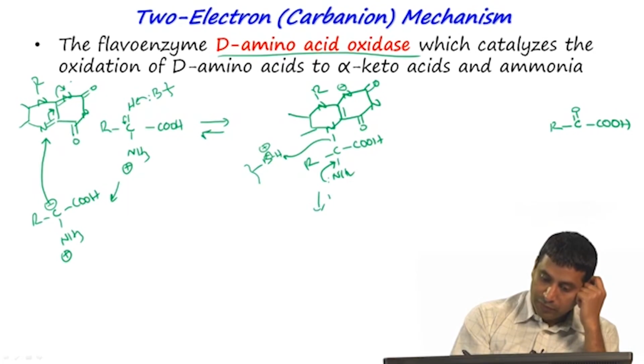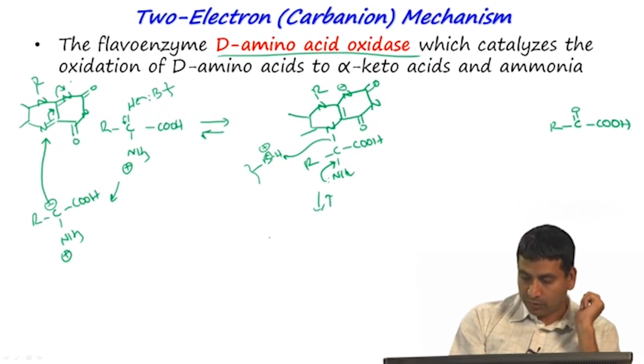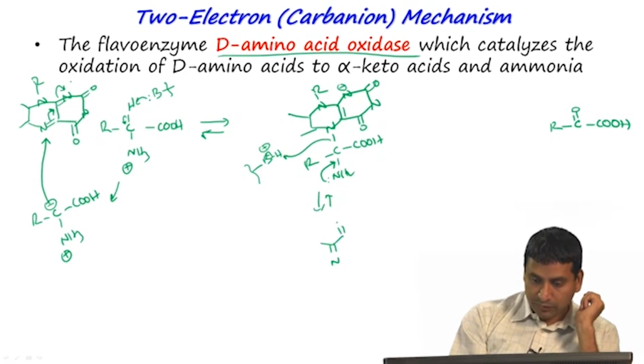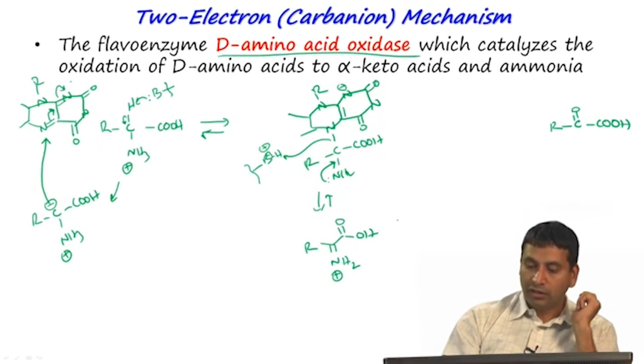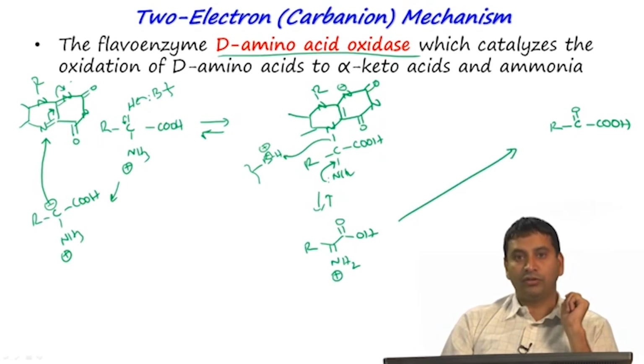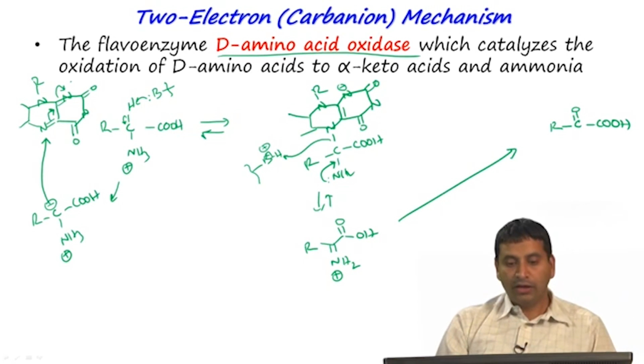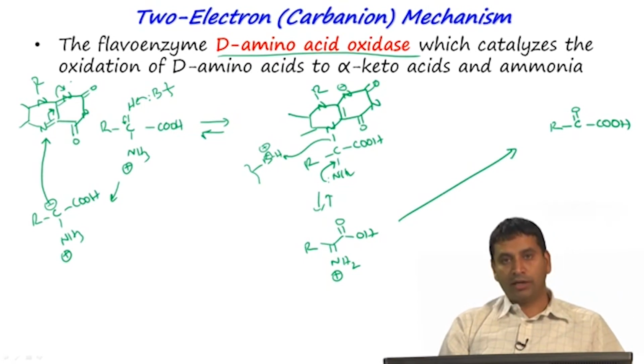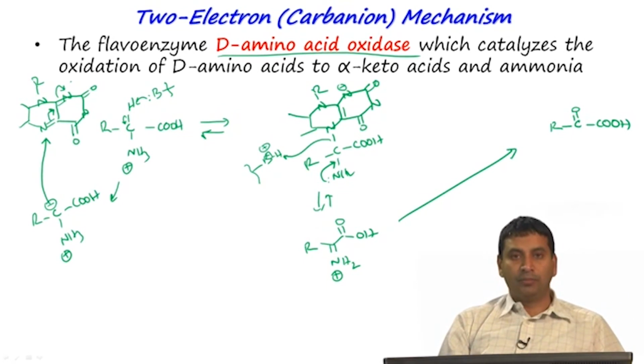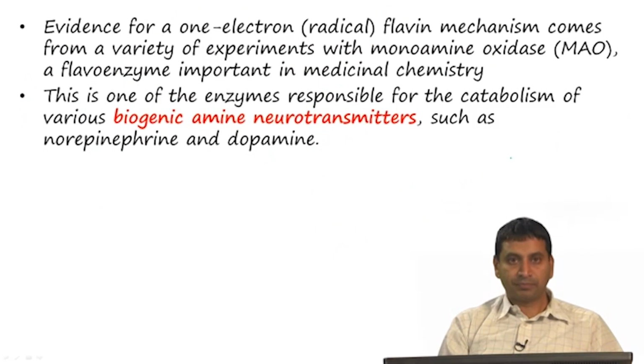So, you end up with a product that is C=N-COOH-R, which then undergoes hydrolysis to give you the ketone. So, this is the 2 electron mechanism in a nutshell. There are many standard books wherein you can obtain this mechanism.